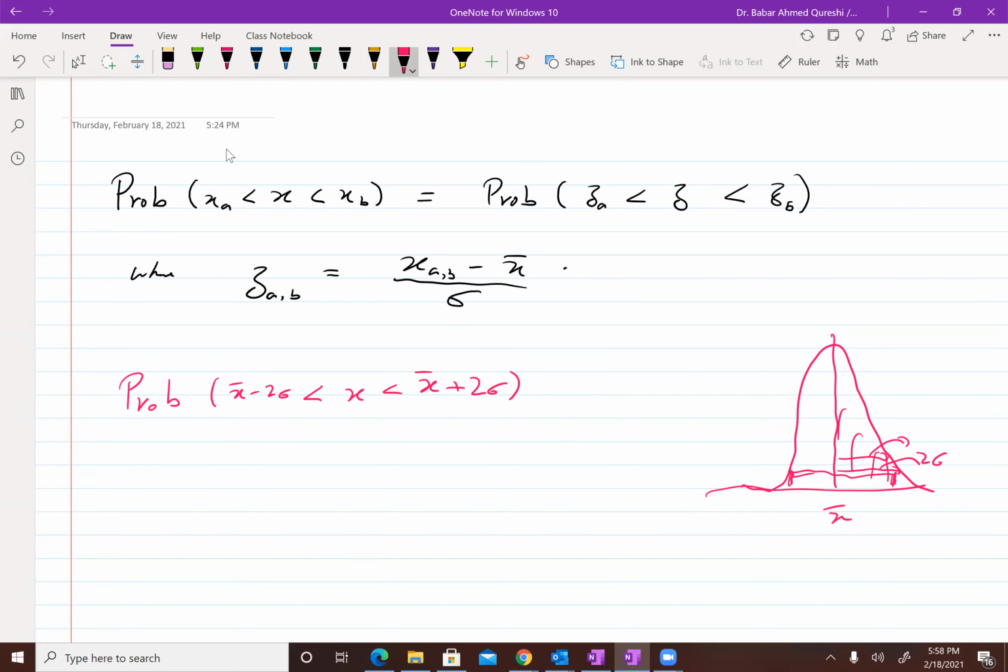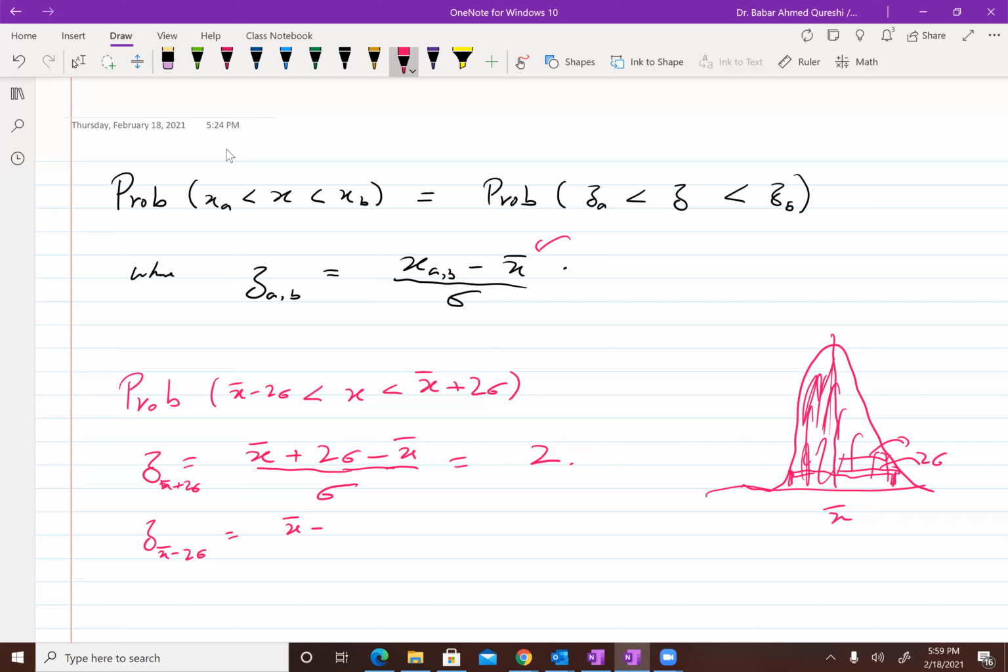If I compare over here, Z, if X is X bar plus 2 sigma, over sigma, this is 2. So the upper limit is this, and the lower limit is when X is X bar minus 2 sigma.